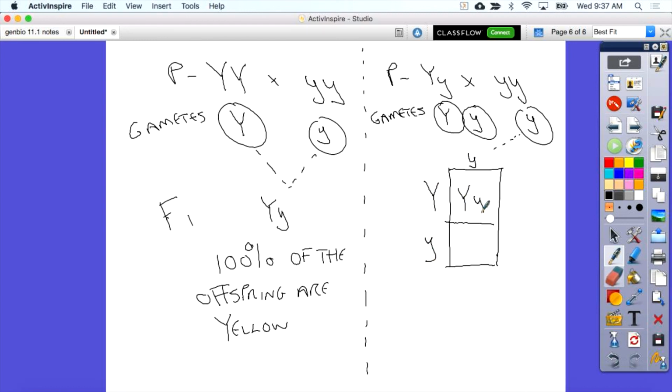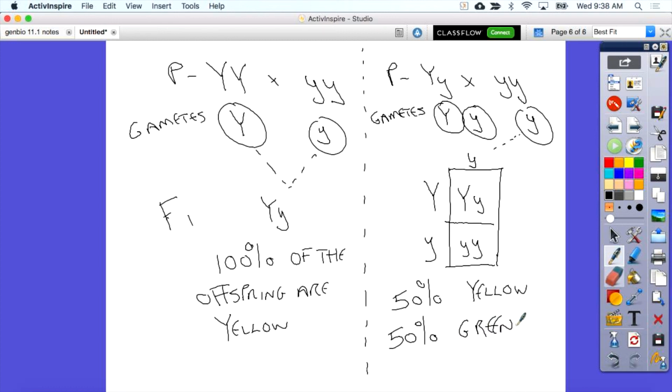And so when we put those together, we now see that there's a 50% chance of offspring being yellow and 50% green, because they have both the recessive alleles.